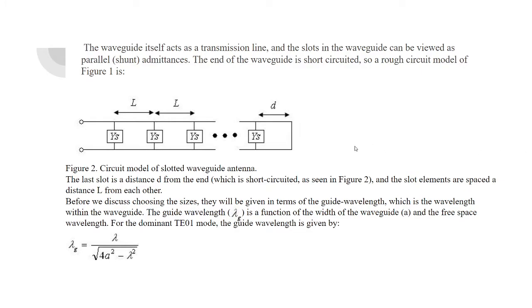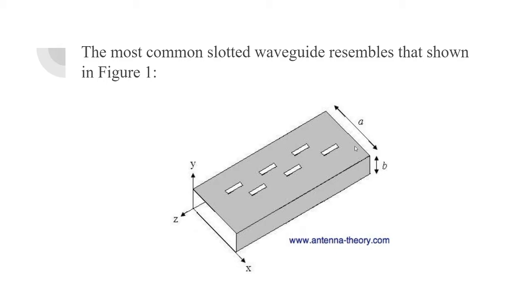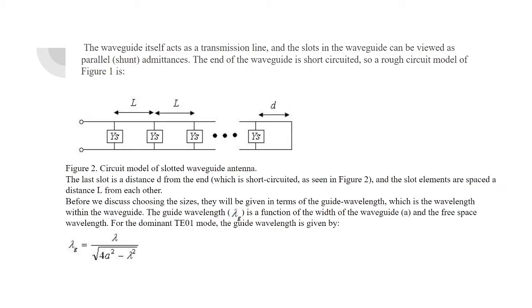To begin to analyze figure 1, let's view the circuit model. The waveguide itself acts as a transmission line, and the slots in the waveguide can be viewed as parallel shunt admittances. The end of the waveguide is short-circuited.